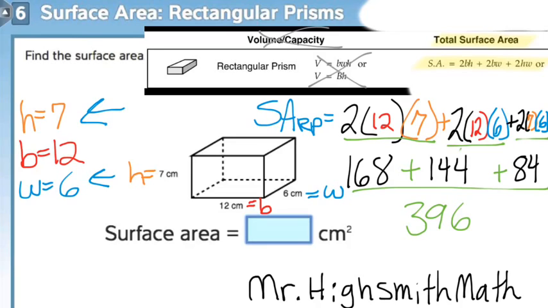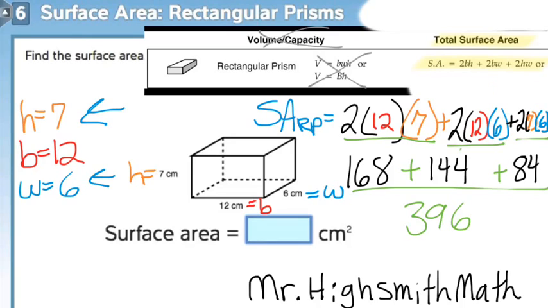Alright, and then we can see if it's correct by typing it in. I lost that window. Okay, well, we also know that we're correct because there's a combination of each of the numbers twice. So there's two 12s, and then there's two 7s, and then there's two 6s.